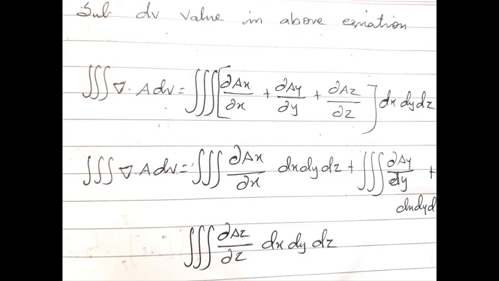That means the triple integral of dou Ax by dou x dx dy dz plus the triple integral of dou Ay by dou y dx dy dz, then the triple integral of dou Az by dou z dx dy dz.